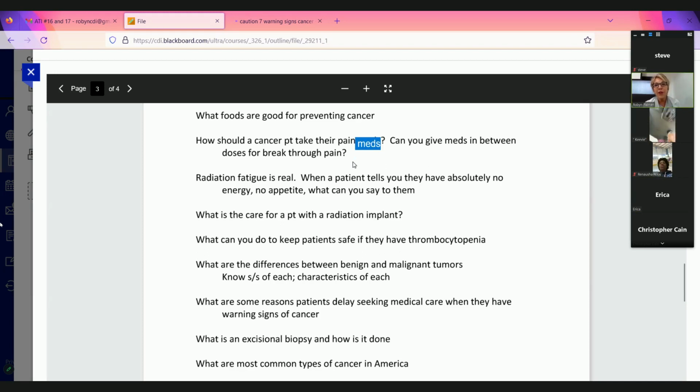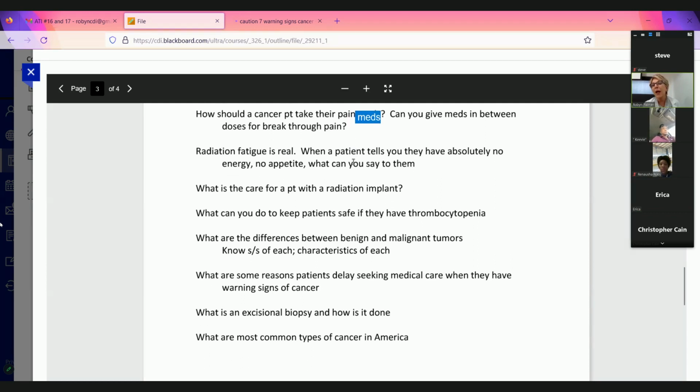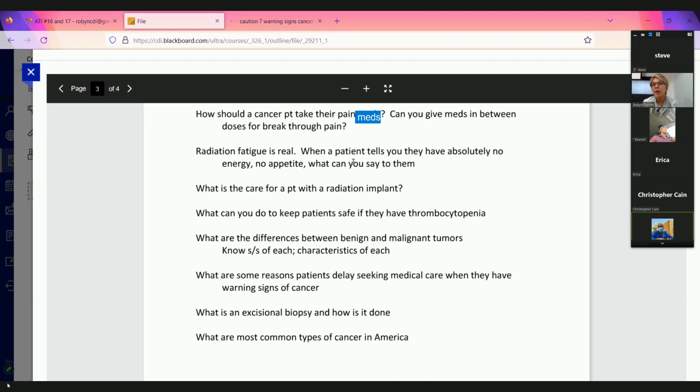How should a cancer patient take their pain meds? Can you give pain meds in between? So how should you treat a cancer patient with pain meds so that they don't feel pain? Would you schedule the pain meds? Give it around the clock, right? And then you give it for breakthrough pain.